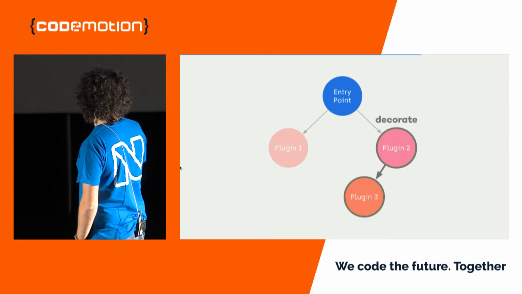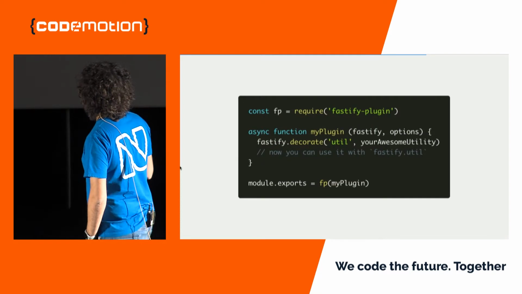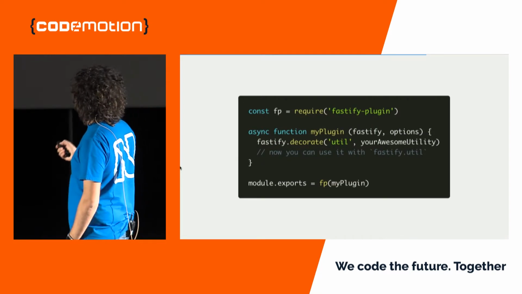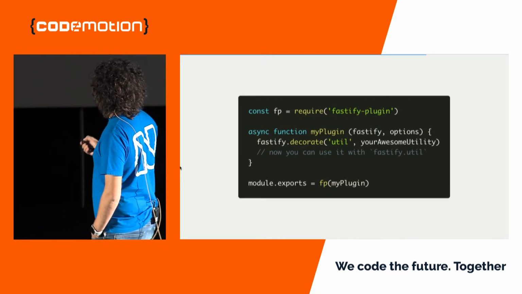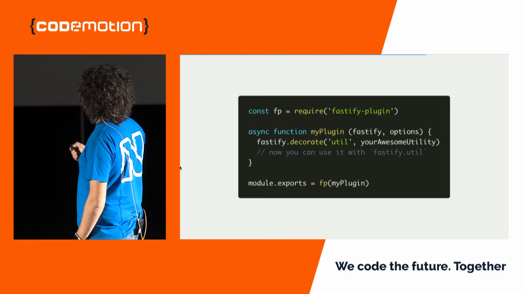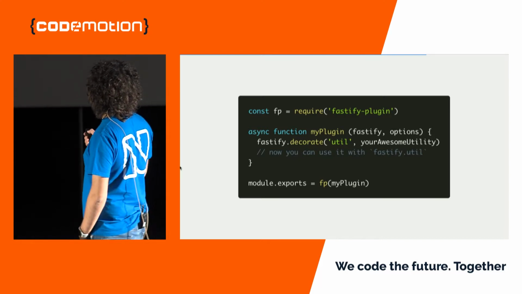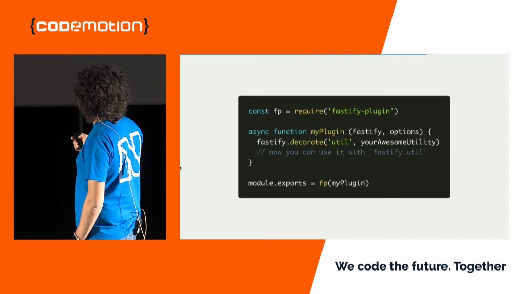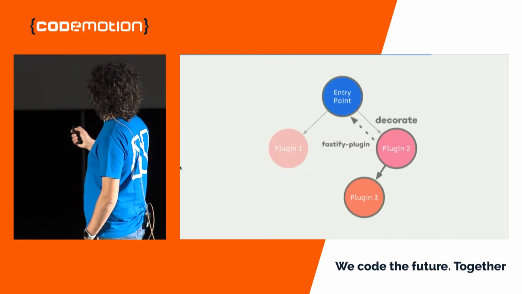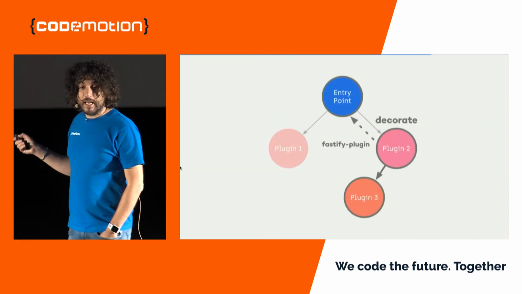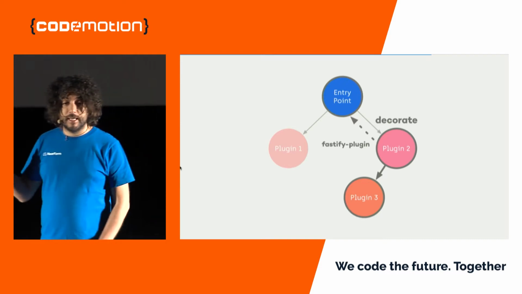How do you expose it to the parent? You can use a thing called Fastify plugin. With Fastify plugin, you can expose it to the parent, so that you can escape the plugin jail.